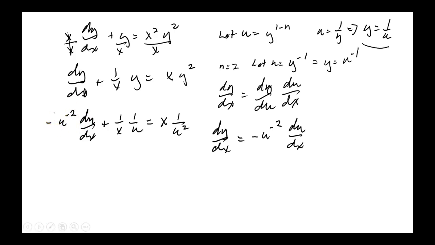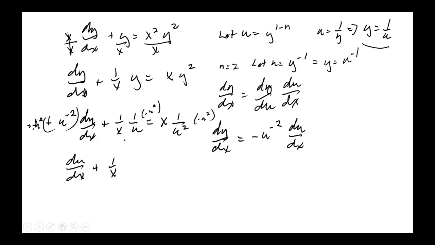So let's multiply everything on both sides by minus u squared. Everything. So this minus and the minus go to plus, and u squared over u squared would be 1. So this is du dx plus, your 1 over x stays the same, 1 over x.